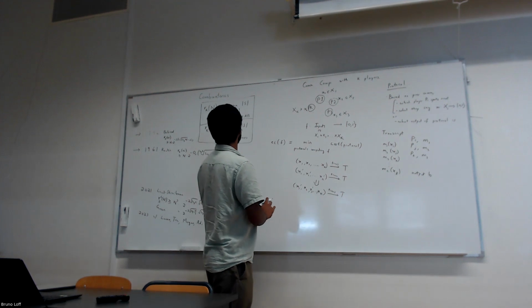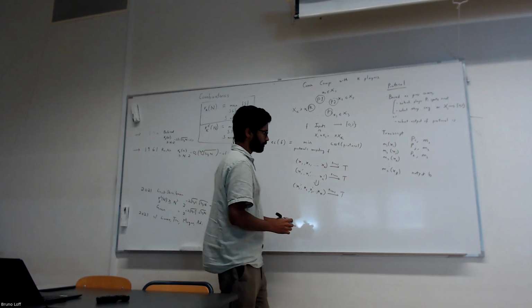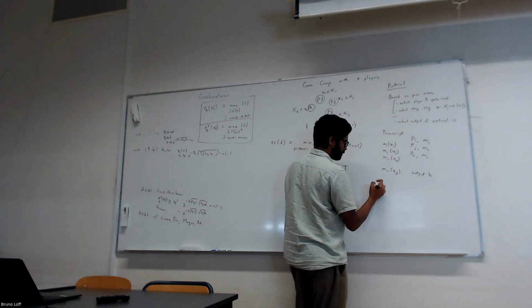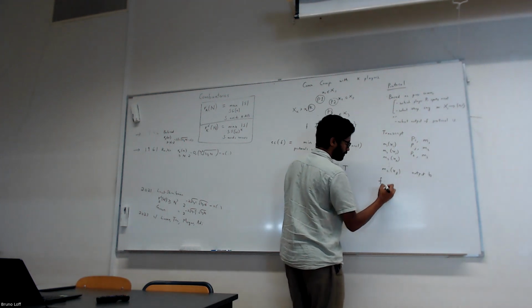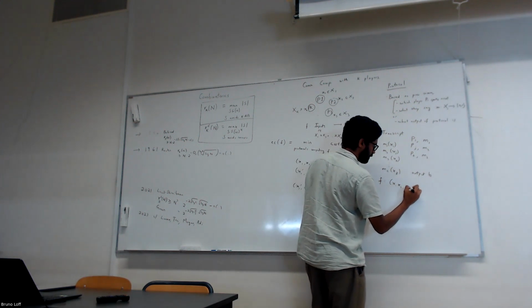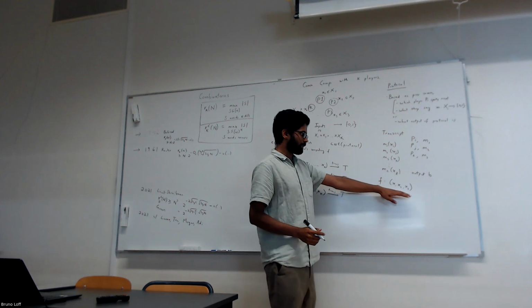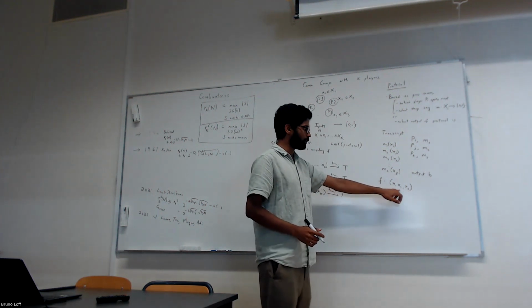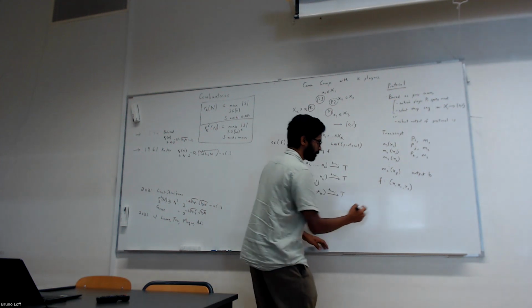So let's consider a communication task. We'll stick to the 3 arithmetic progression for now. So we're defining a function f, which takes in an input x1, x2, and x3. And it's promised that these either form an arithmetic progression or they're all equal to each other. So this is the promise.